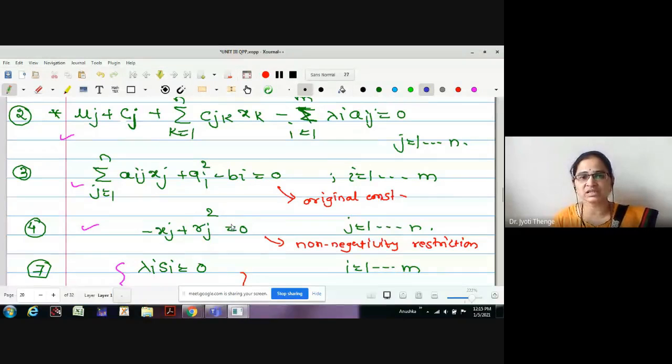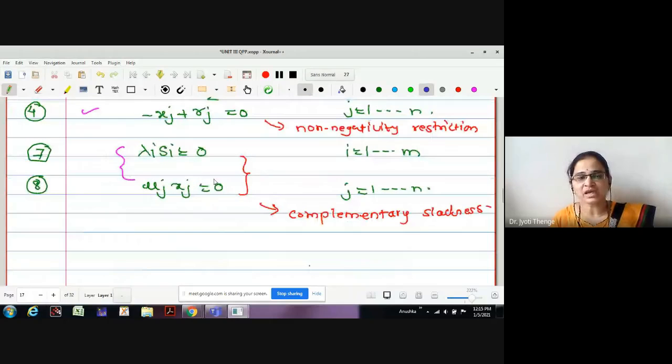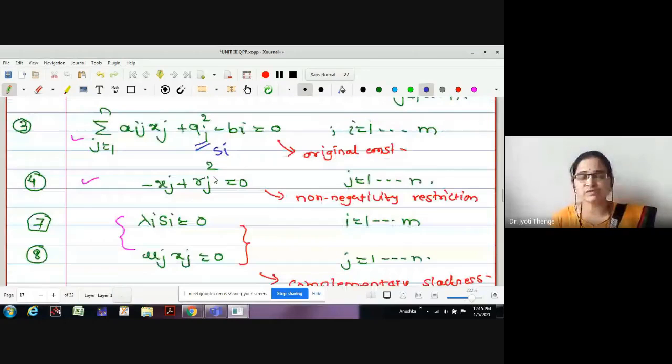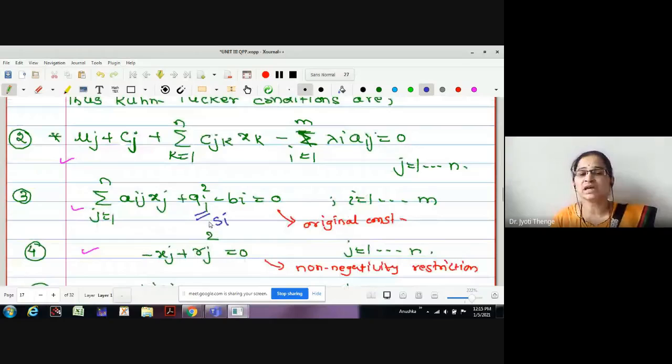But in equation number 2, there is no slack variable used, so this equation is going to give us trouble while constructing the identity matrix. In equation number 3, the qi square are actually the slack variables, which we have replaced by si, so these are my slack variables and they help in forming the identity matrix. But there is trouble for equation number 2.